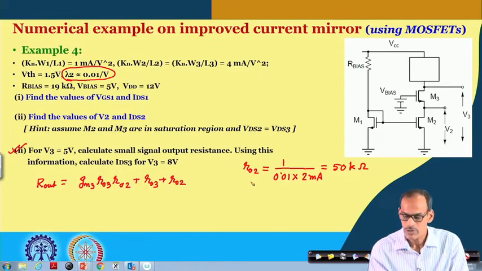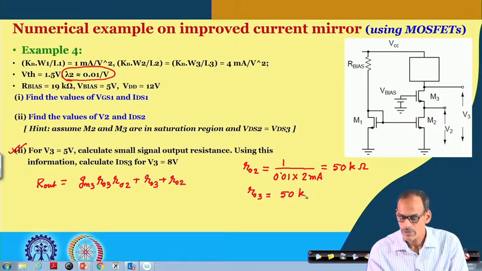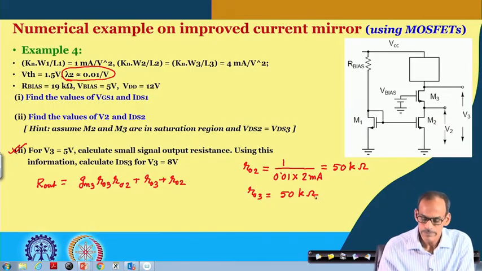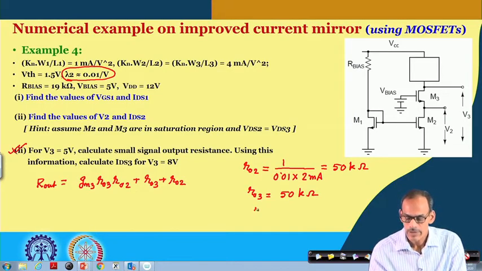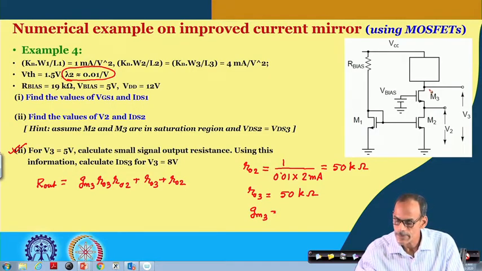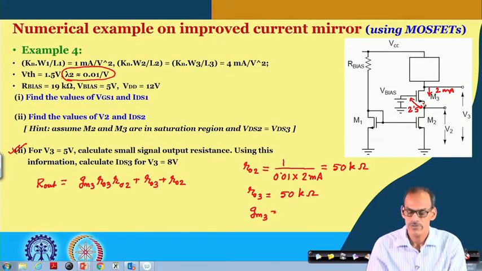Same thing, RO3 equals 50 kilo ohm. On the other hand, for gm3, as I said, the current flowing here is 2 milliampere, and the VGS DC voltage here is 2.5, or VGS minus VTH is 1 volt.